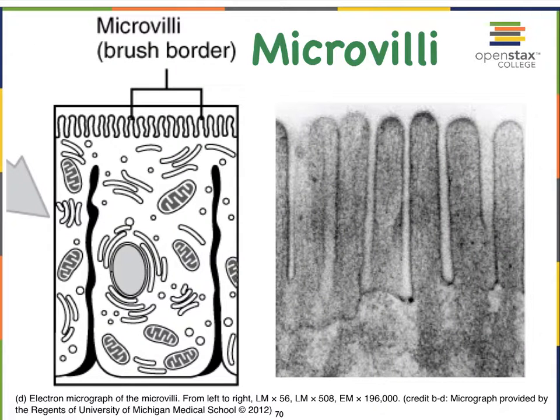Here we see a very nice electron micrograph of microvilli. These are the finger-like projections found in the cell membrane of one single epithelial cell. This is our single epithelial cell with its nucleus, its Golgi apparatus, its rough endoplasmic reticulum and mitochondria, and here we see our microvilli. They're difficult to see with a regular compound microscope.